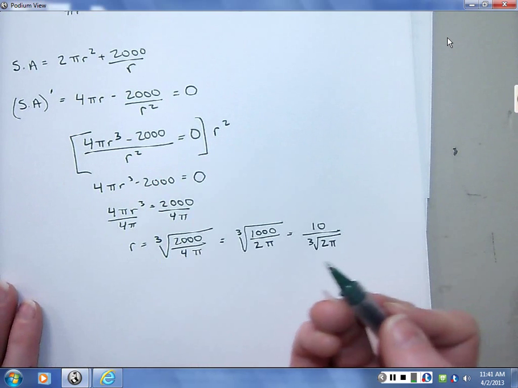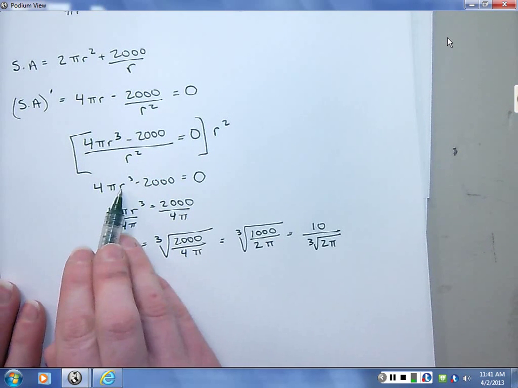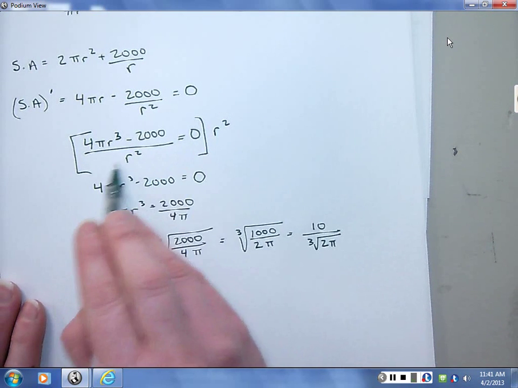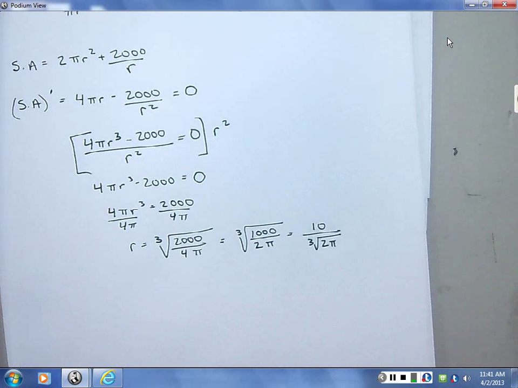So then the r squareds would cancel, and 0 times r squared is 0. And I can do that because r does not equal 0. You can only multiply through by a variable when that variable does not equal 0. If that variable could possibly equal 0, you cannot do that. Make sense?